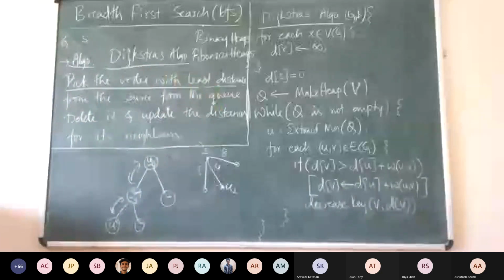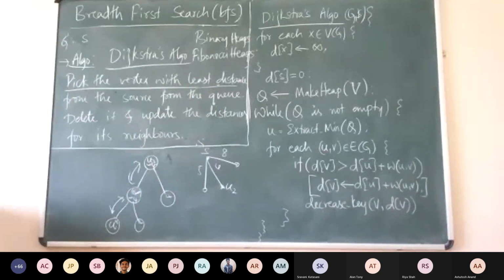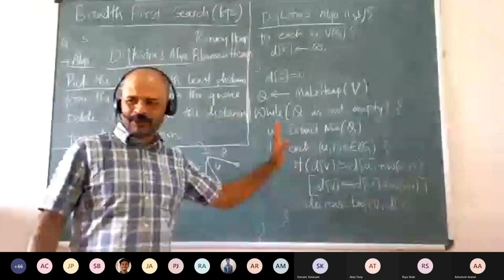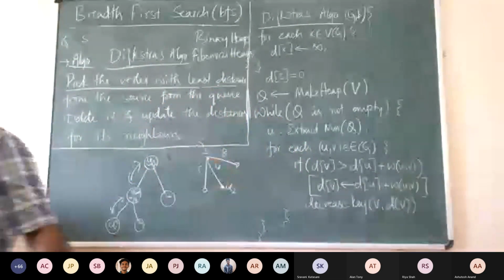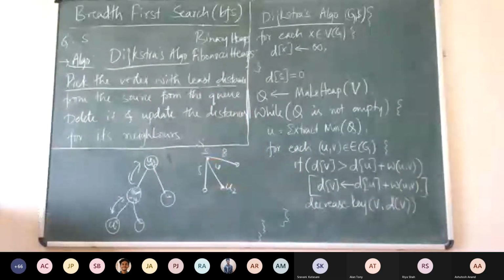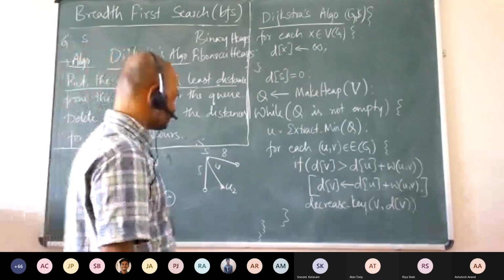Is this fine? Any questions? I don't want to rush through because this is important, as we will keep using this data structure and this sort of code in other algorithms later.